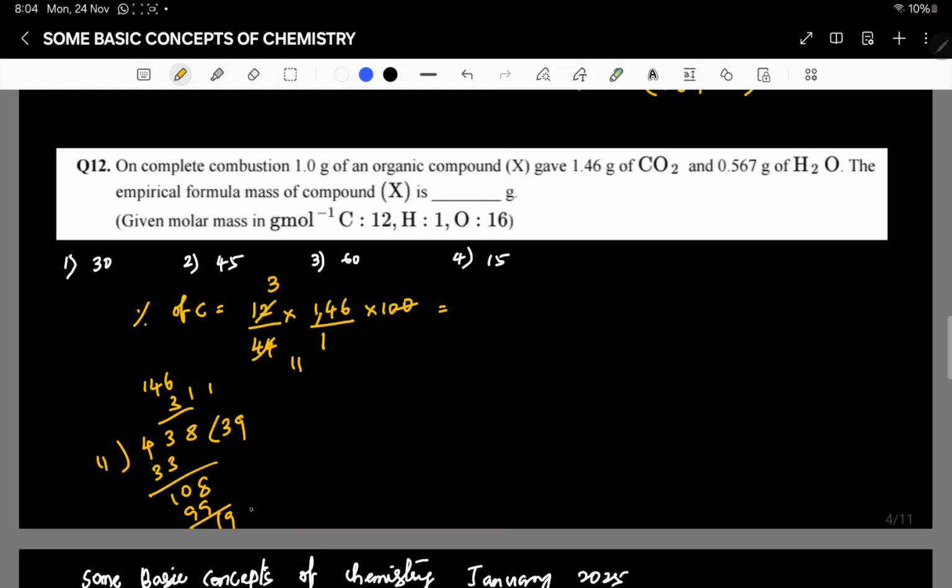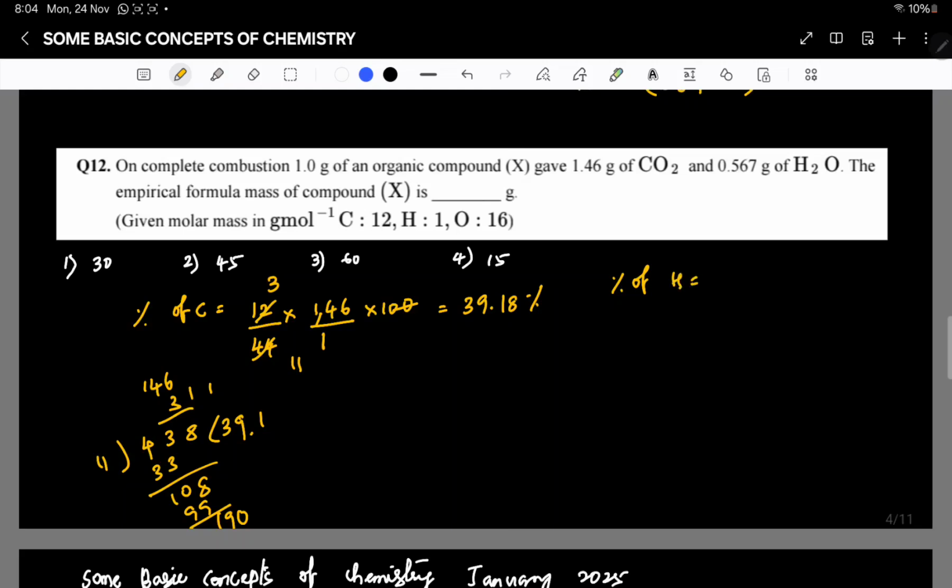Remainder will be 19 means if I take this will be 0, 11.11. So we will take approximately 39.18 something percentage, right?